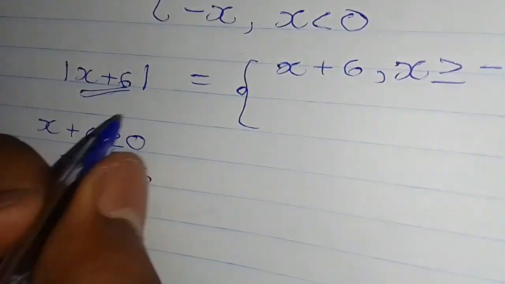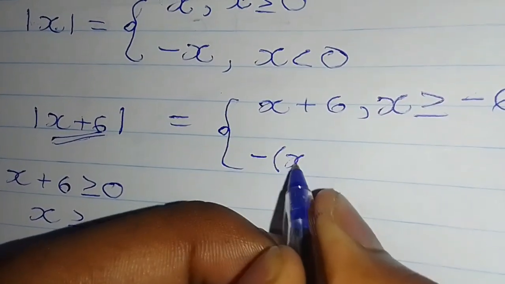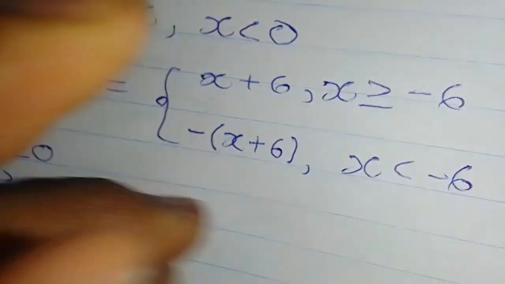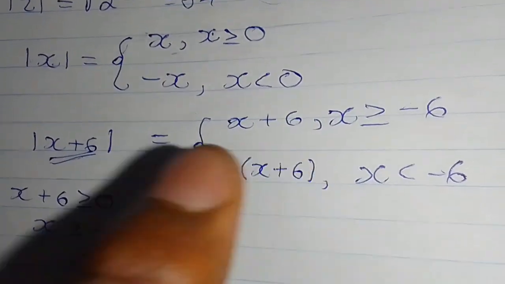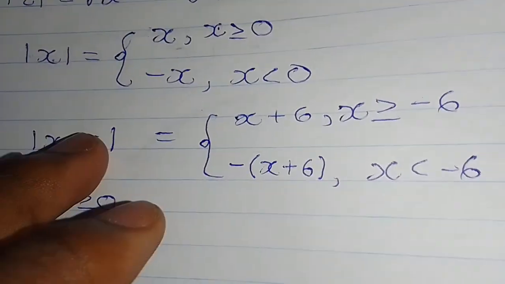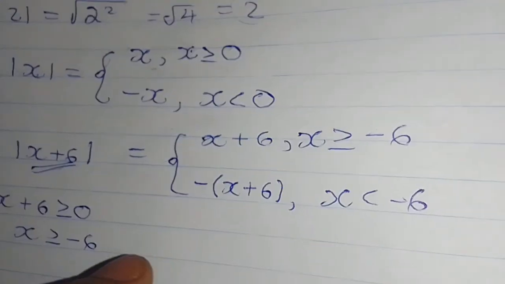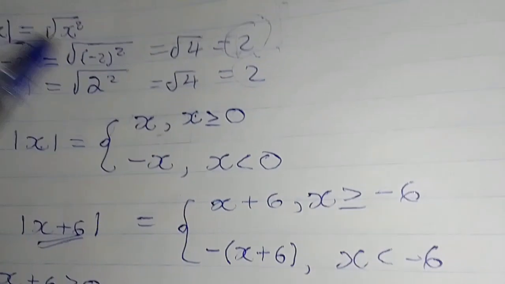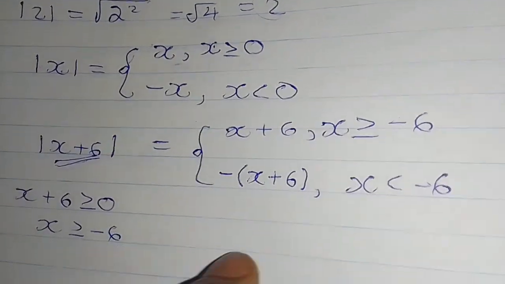And if you work vice versa, then you'll have minus times x plus 6 for as long as x is less than -6. So that will be the definition of absolute value. Remember, absolute value just takes away the negative, so you shouldn't get the absolute value of something being negative. So an absolute value function can be represented as a piecewise function.